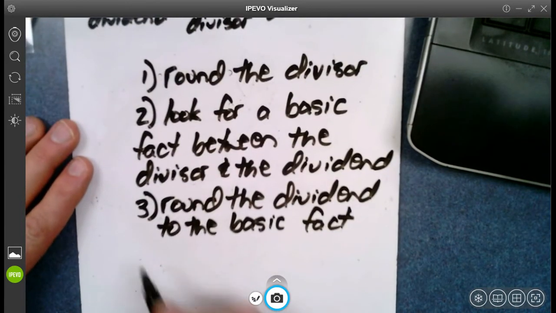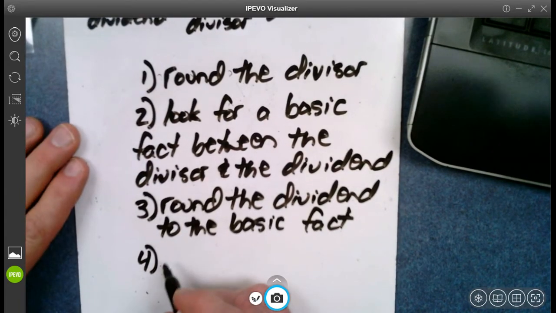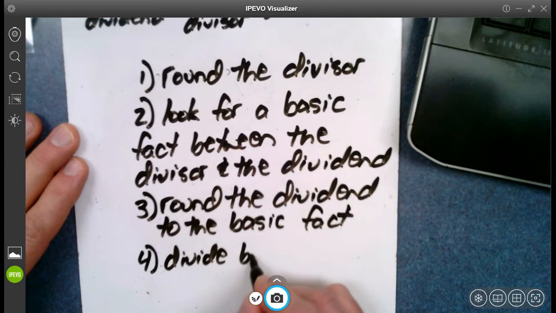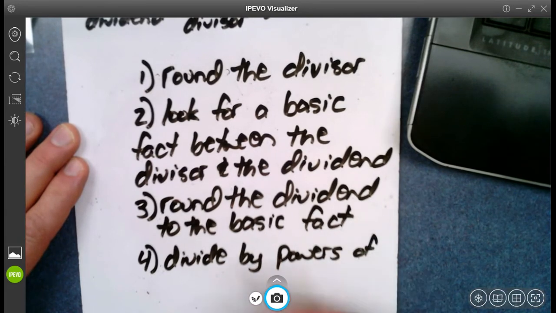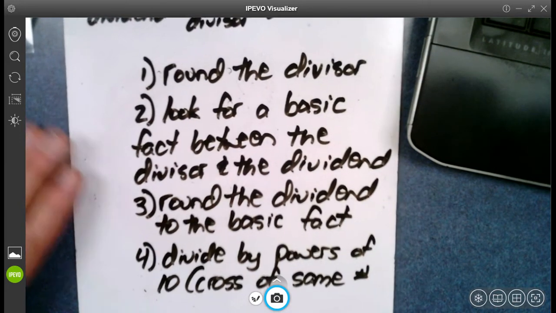Okay. The fourth thing I do is what I'm really doing is I'm dividing by powers of 10, which is crossing off zeros. The same number of zeros from both sides. That's super important.